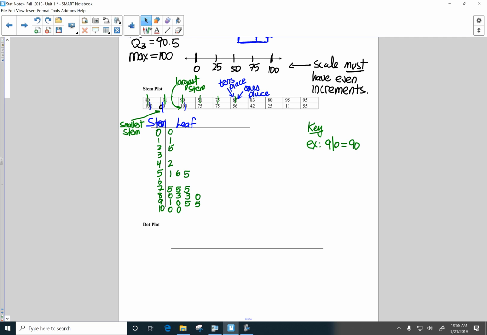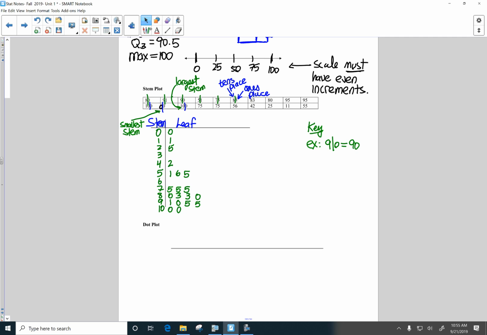So the number 1 is going to cover everything from 10 to 19. The number 2 is going to cover everything from 20 to 29 and change. So you're automatically getting a sideways histogram that is broken up in intervals of size 10.